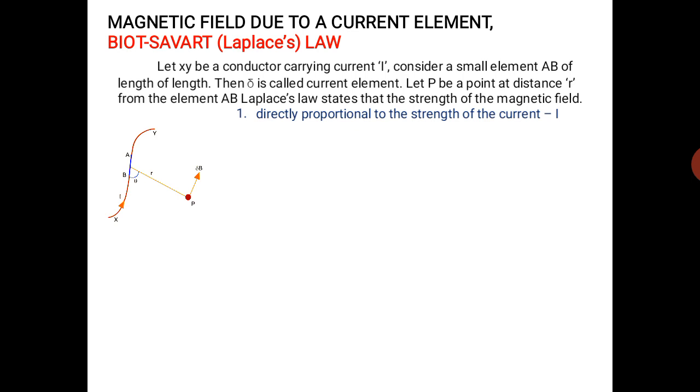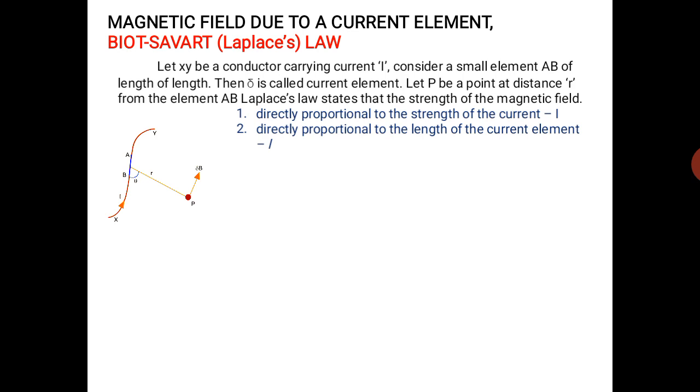If the current is increasing, then definitely the magnetic field is also increasing. Hence the magnetic field dB is proportional to current I.